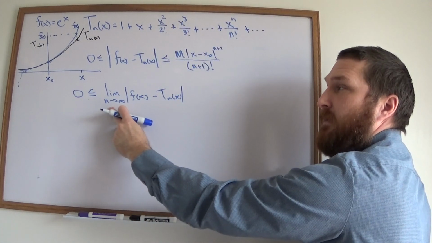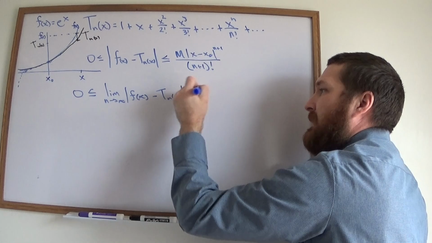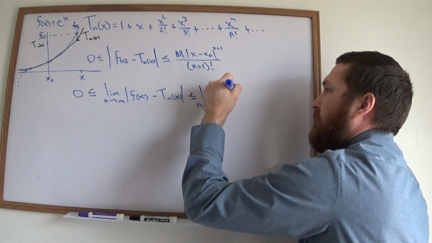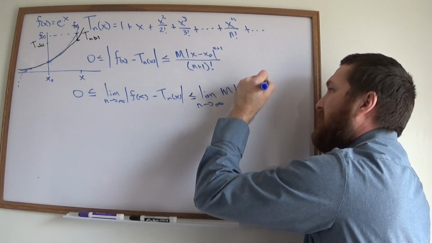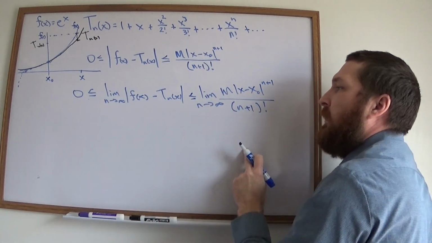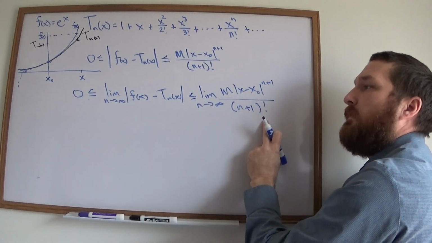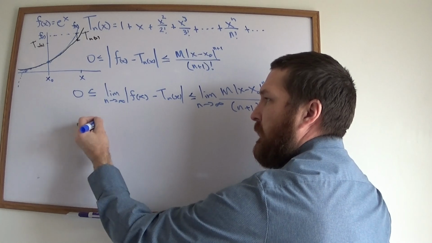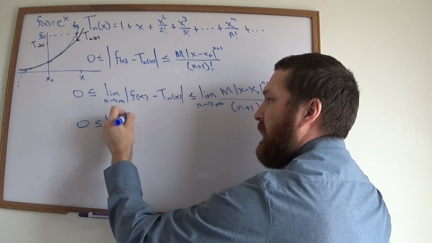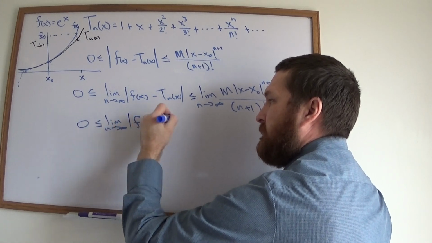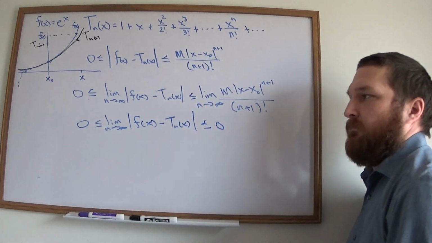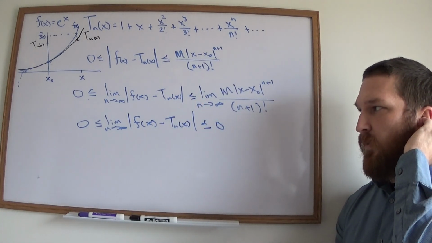And since that's the case, well, this limit is 0. And so you have 0 is less than or equal to the limit as n goes to infinity of the difference, so that distance must be what?